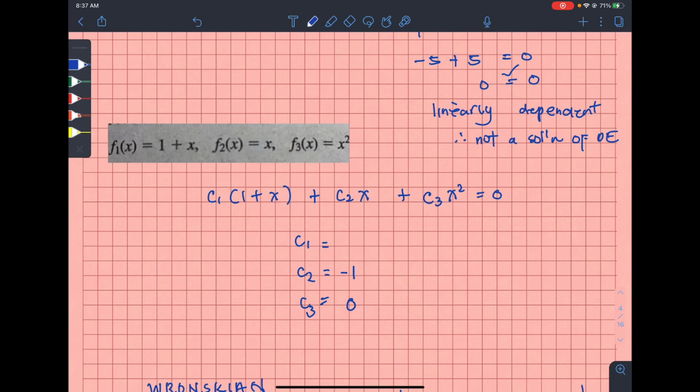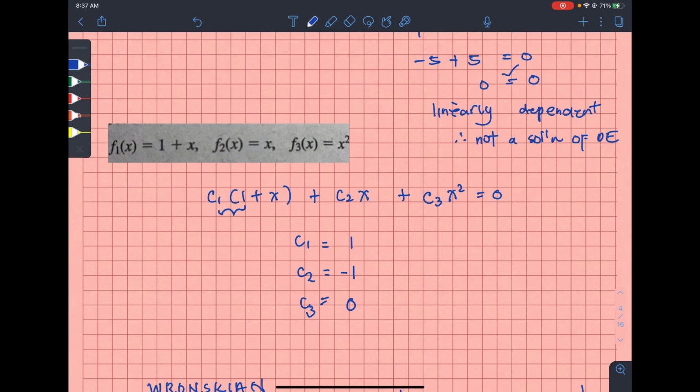So negative 1 then, so c2 would be negative x, given that c1 should be equal to 1. So c1 equals 1, and then that would make it x minus x, so that would make that 0. However, if c1 is equal to 1, therefore, this is 1 as well.